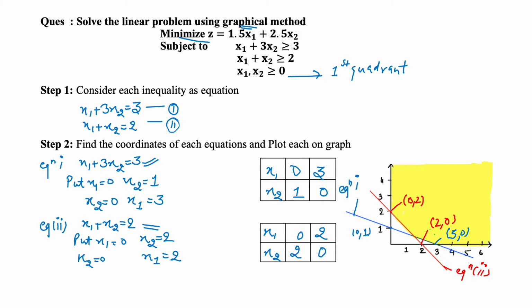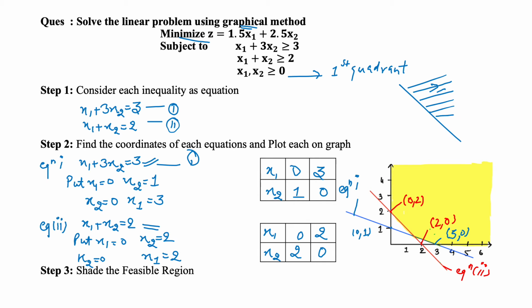Now the next thing is to shade the feasible region. First we will see the shaded region for equation 1. For equation 1, what is given? Greater than. And as we have seen, if greater than is given, I have to shade above the line.